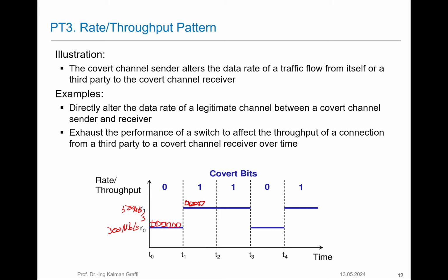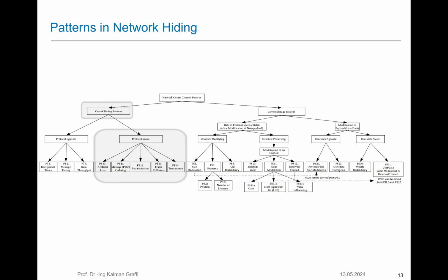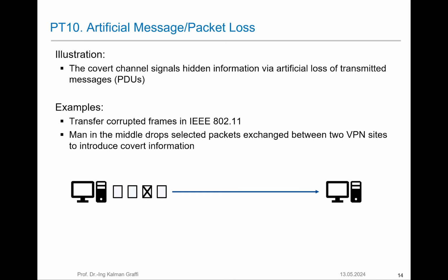So this is so far the timing patterns, not taking protocols into account. If you are protocol aware, if you know that in TCP or Ethernet and Wi-Fi packets are resent, you can simply select packets which you voluntarily modify, so that they are lost, meaning you don't send them.